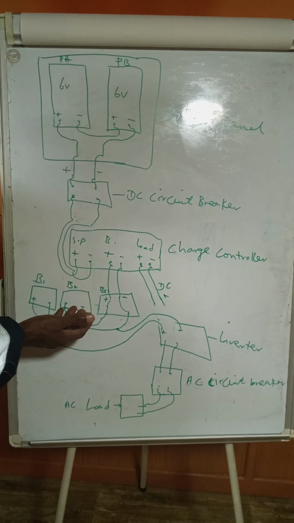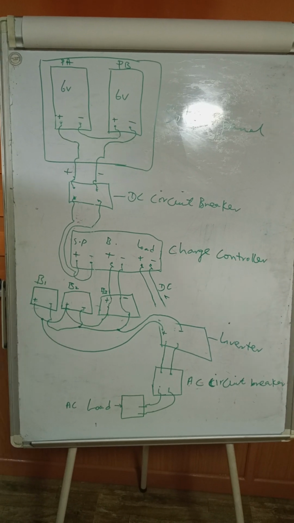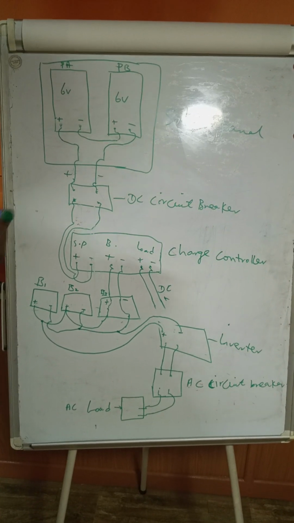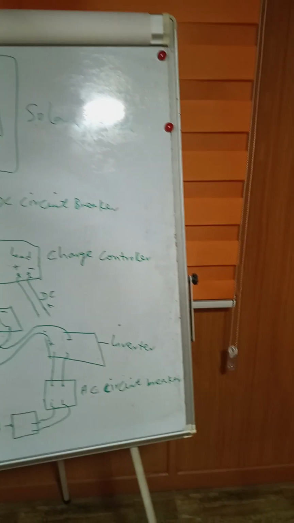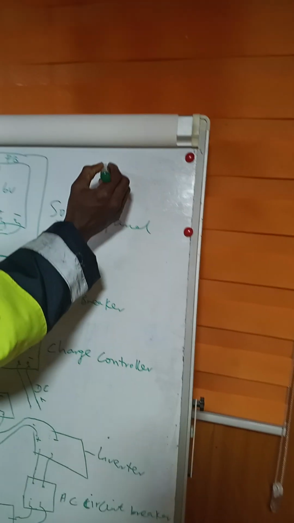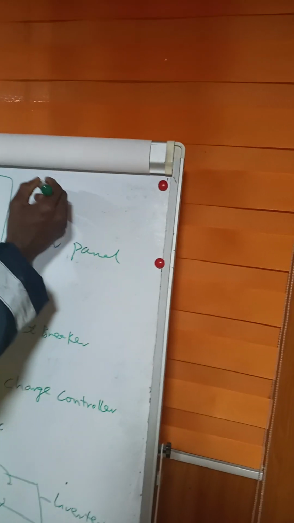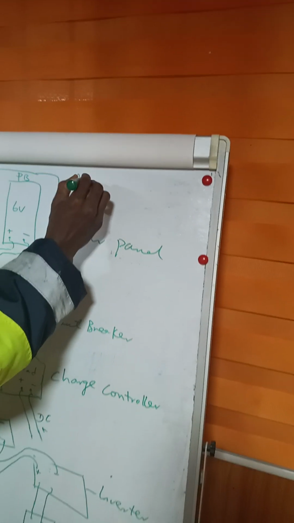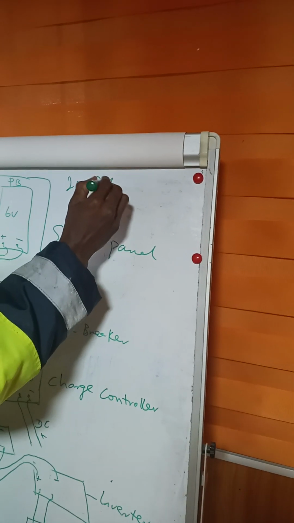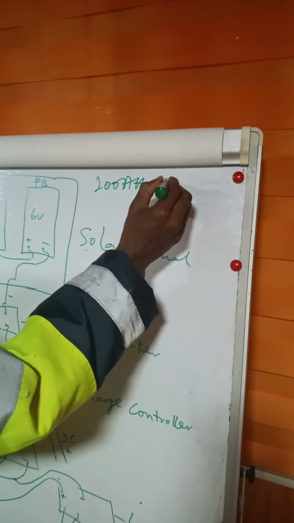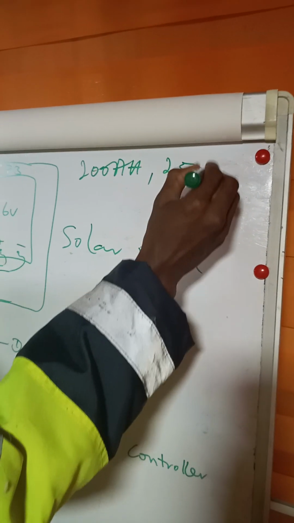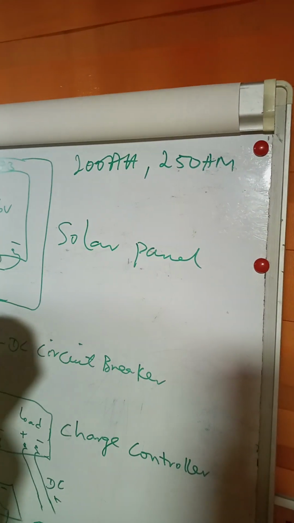Okay, let me come back to the battery parallel connection. In battery rating, it is rated in ampere hour. Some battery, you will see battery 200 amps hour, some will be 250 ampere hour.